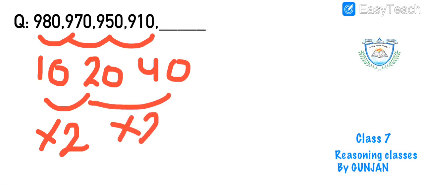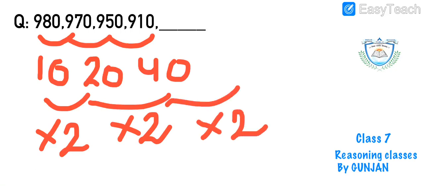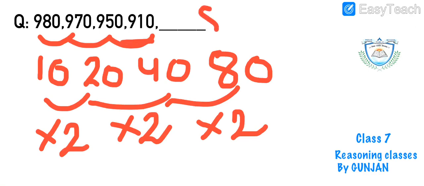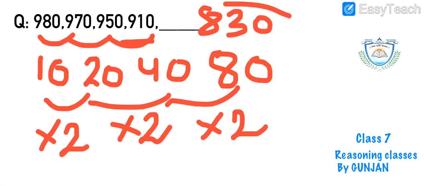Again, it is multiplied by 2 in order to get the next number. Yes, now you got it. In order to get our next number, you need to multiply it by 2, which will give us 80. Subtract 80 from 910 to get the answer, which will give the answer as 830.